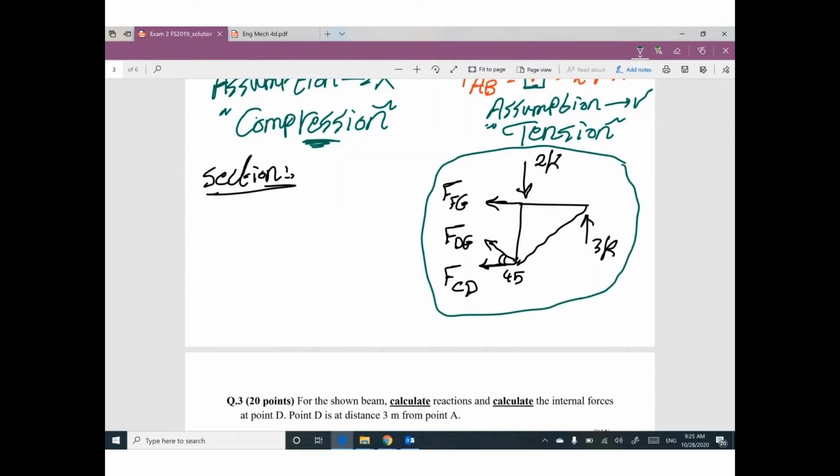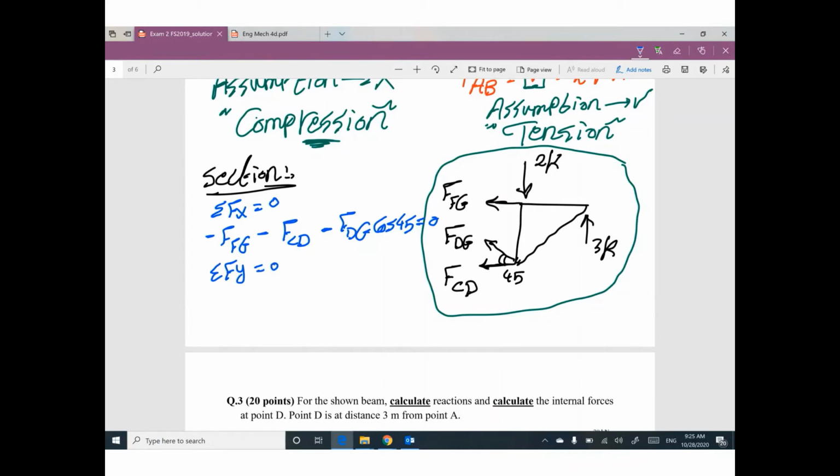Summation F of x equals 0. We have negative FG, we have negative FCD, we have negative FDG cosine 45 degrees equals 0. Summation F of y equals 0.